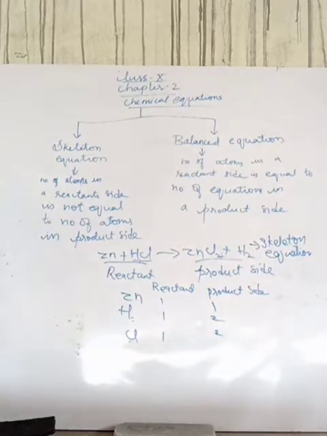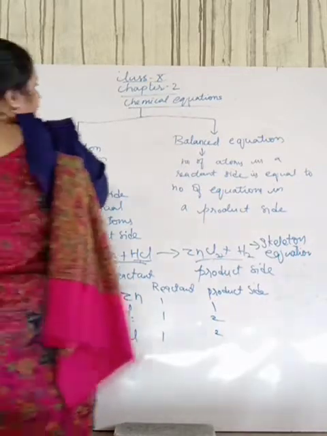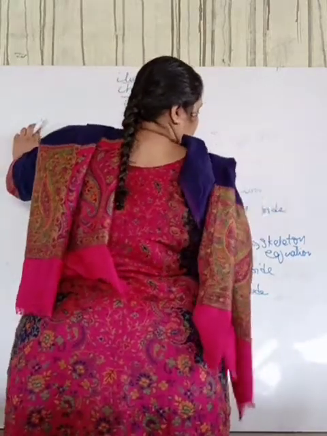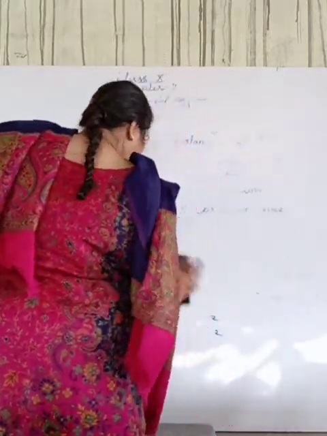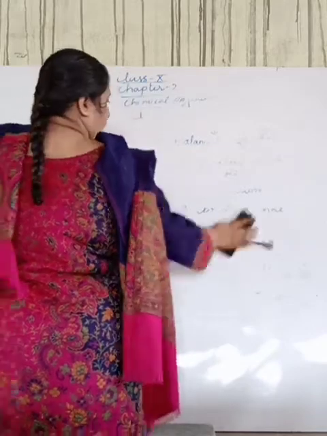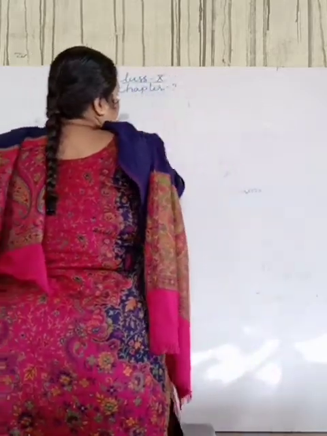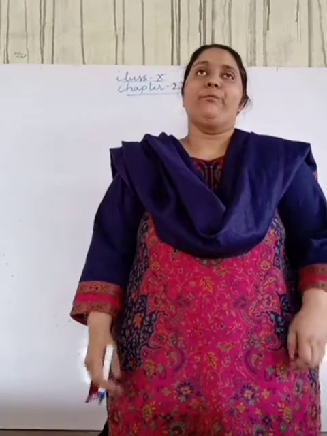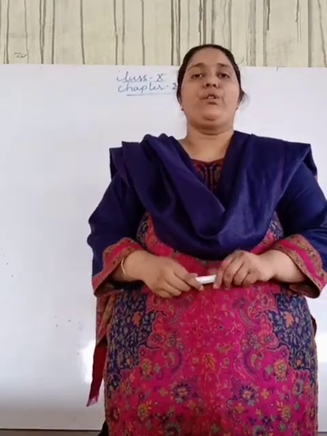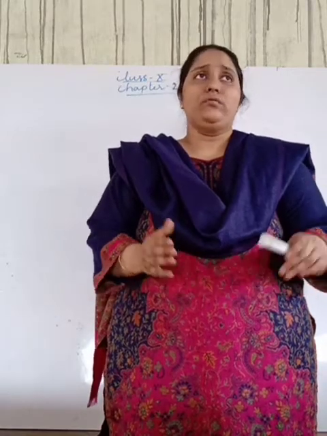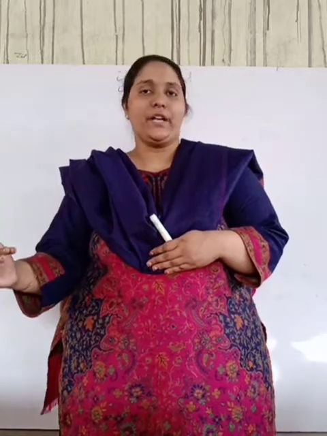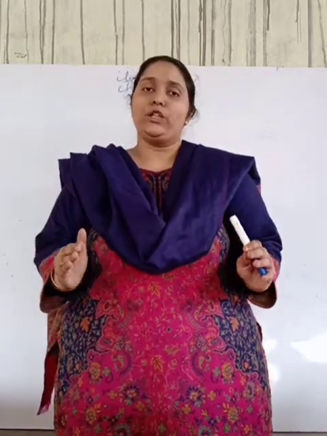So once you have taken it down, students, now we will see what a balanced equation is. Just now we have seen what a skeleton equation is. In a skeleton equation, the number of atoms in the reactant side is not equal to the number of atoms in the product side, students.